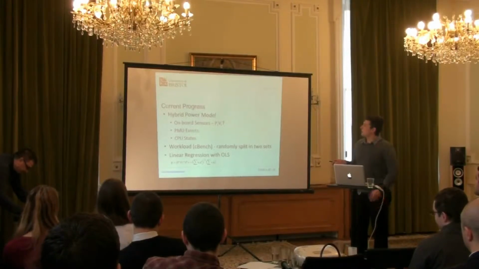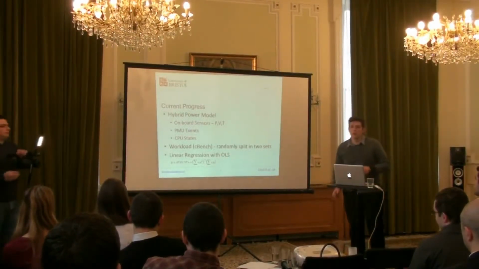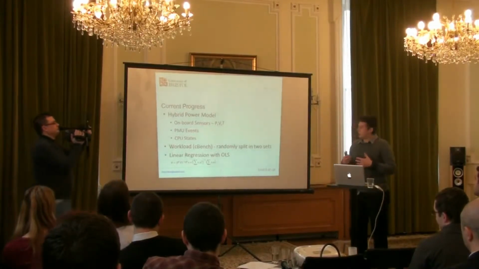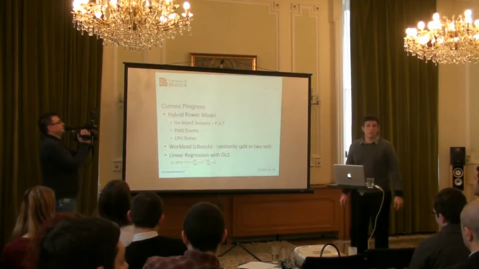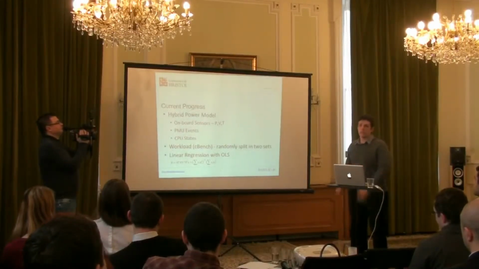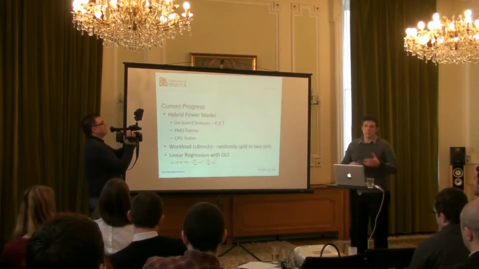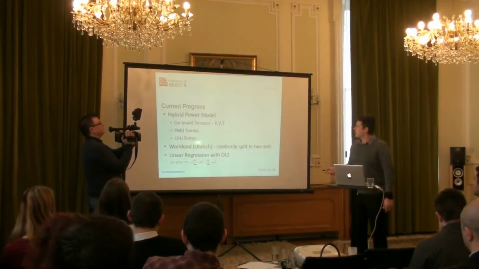I'm also using a component called the performance monitoring unit, which is used in most modern CPUs, and has information about the number of instructions and the cache misses that are typical to software execution.